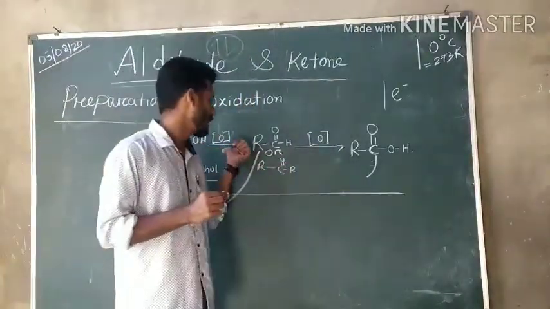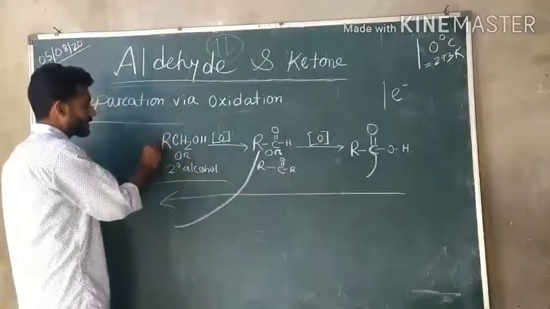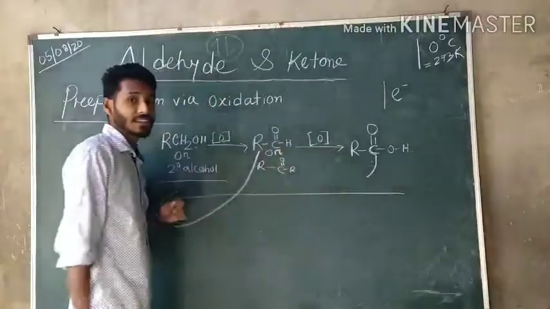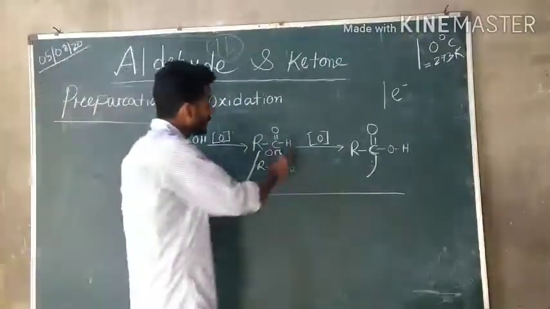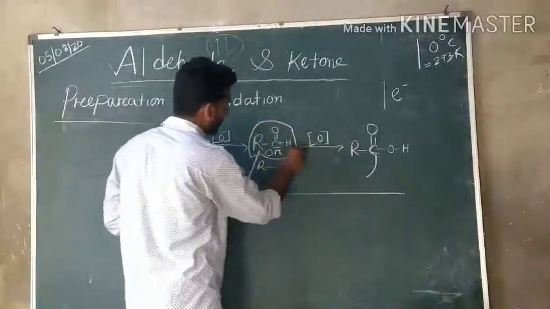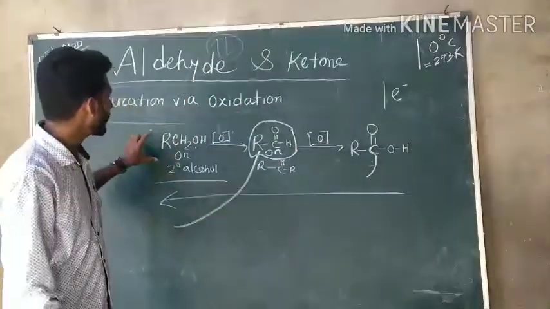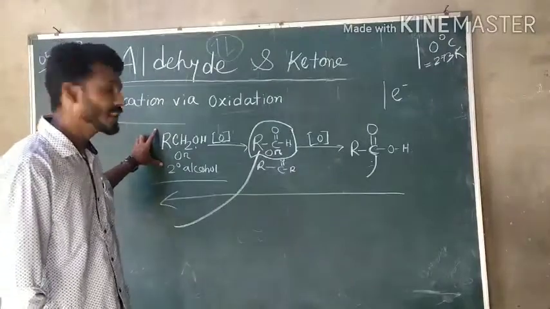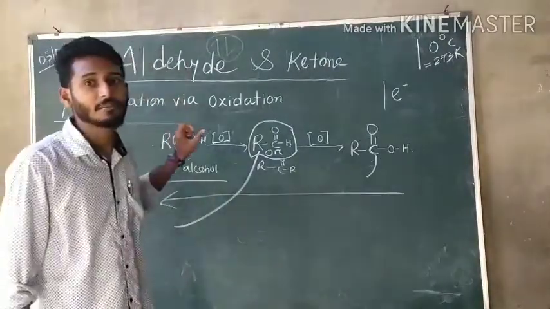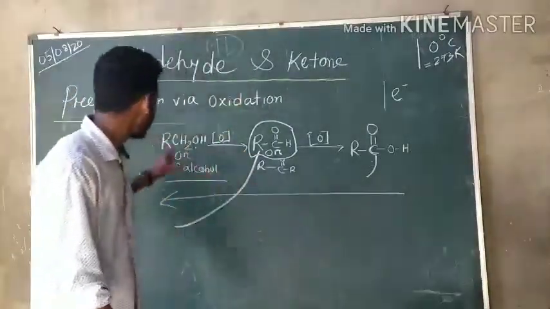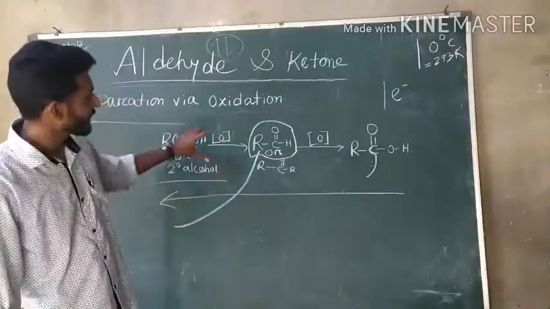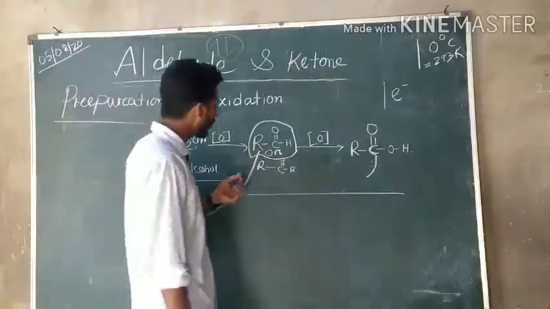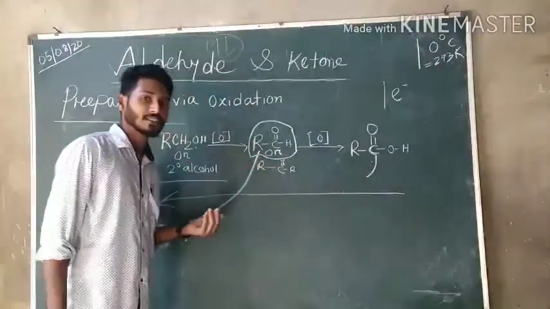Actually, oxidation of alcohol quite frequently doesn't stop here. It is very difficult to stop at this place. In the lab or in pharmaceutical cases, while we are oxidizing an alcohol to an aldehyde product, it will not stop there only.